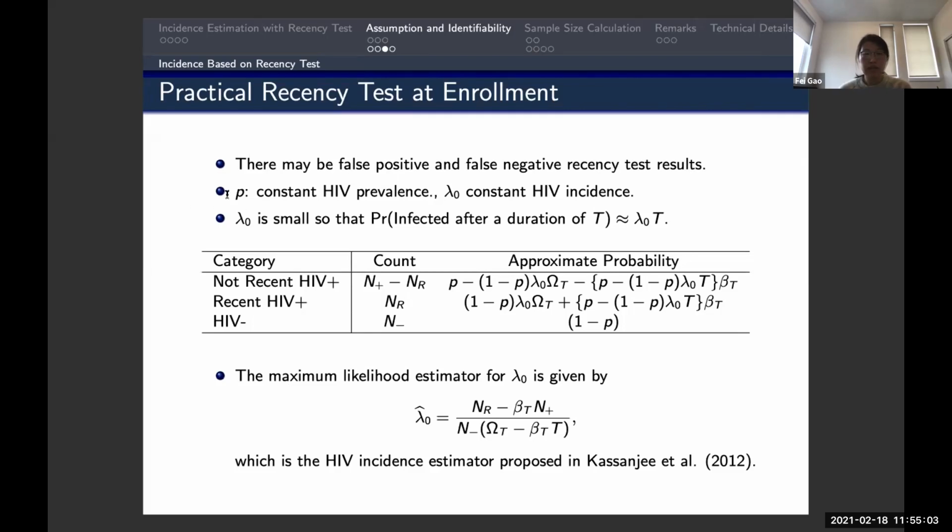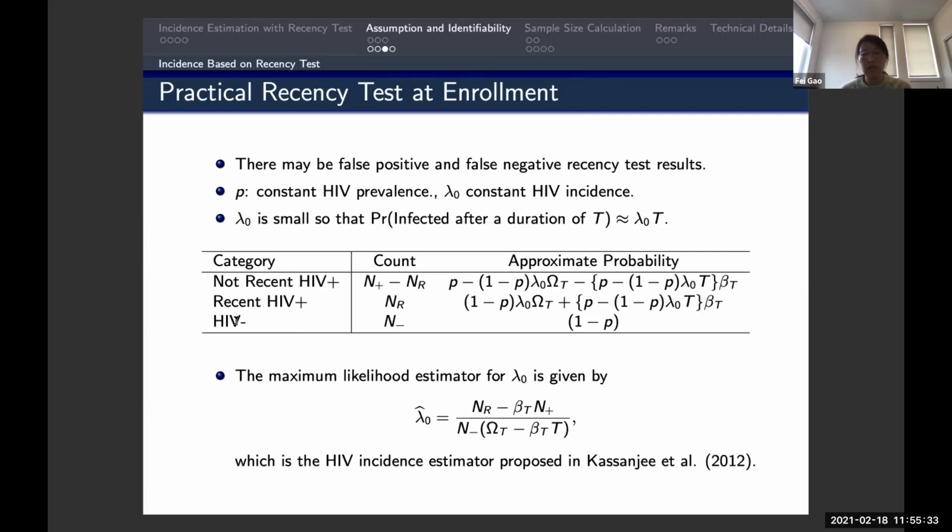In this setting, let P be a constant HIV prevalence, lambda 0 be the constant HIV incidence of interest, and suppose that lambda 0 is small so that we can approximate this probability by lambda 0 times T. If we write out this probability corresponding to different observed categories, here we have three different categories observed at time 0.